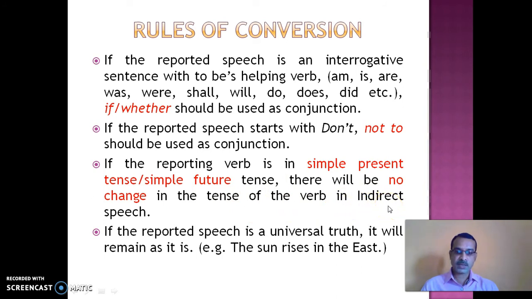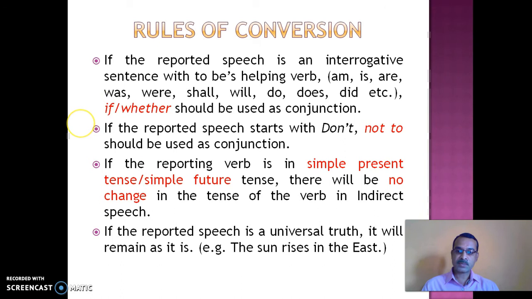This is a very important rule, and in such examples, the students are likely to commit mistakes again and again, because we are in a hurry and worry, and we try to solve these examples in a fast manner, and so we don't pay attention to the reporting verb.